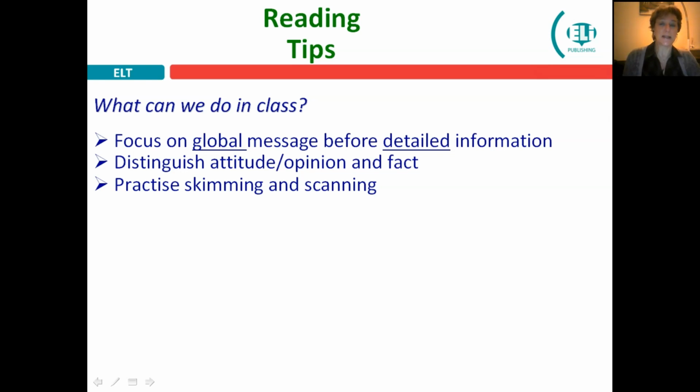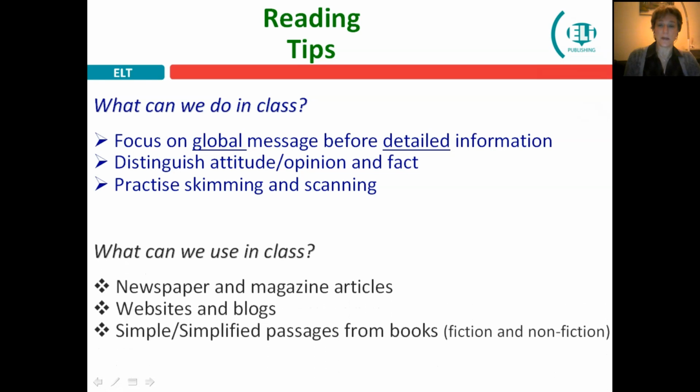And help them practice skimming and scanning, finding a certain word, finding a certain piece of information, ignoring all the rest, not paying attention to words that they don't know. What can we use? Once again, newspaper and magazine articles, websites and blogs. But we can also use simple or simplified passages from books, for example, the graded readers, and these can be fiction and non-fiction.